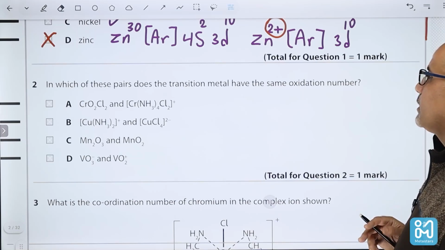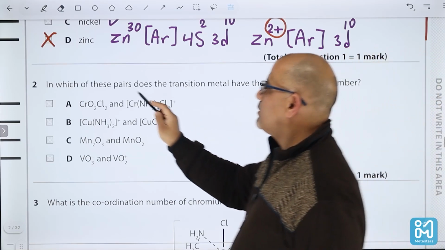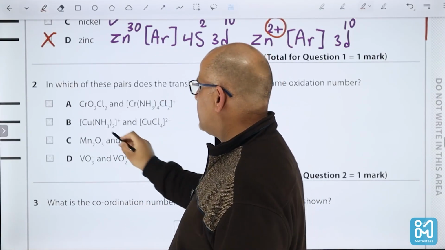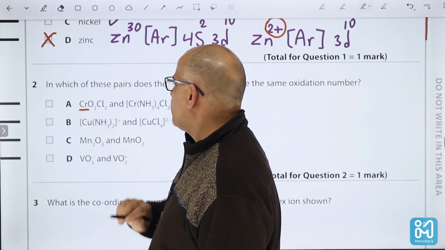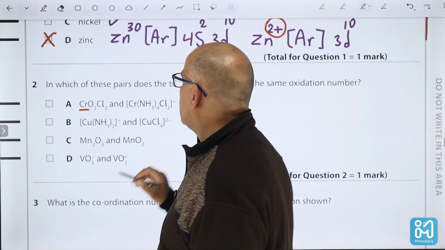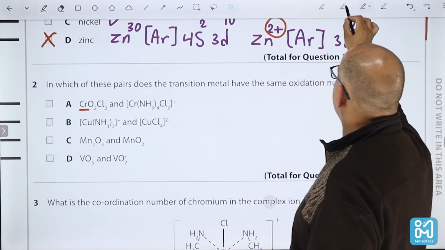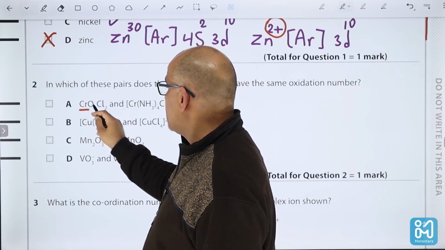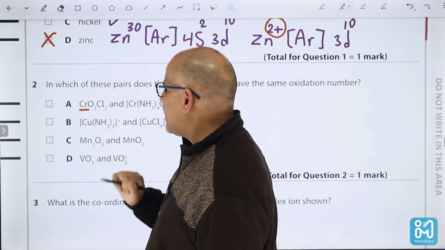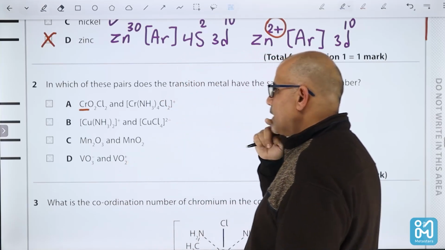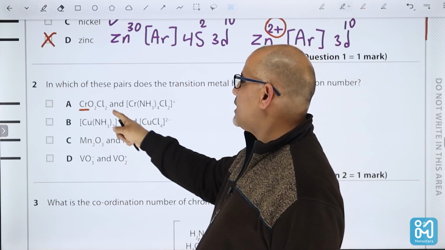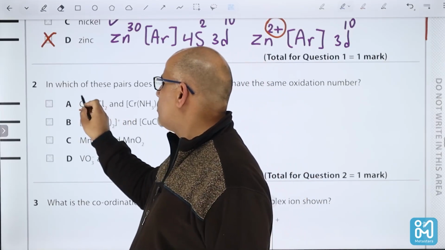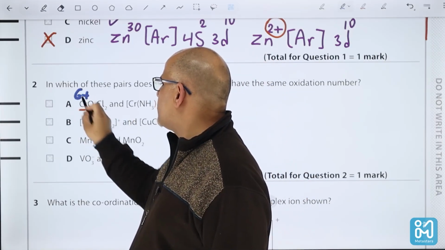If you calculate the oxidation number of chromium there, it will be positive, how much? Positive 2 times negative 2 for oxygen is negative 4, plus negative 2 for 2 chlorides, so it's negative 6. So here it's positive 6.